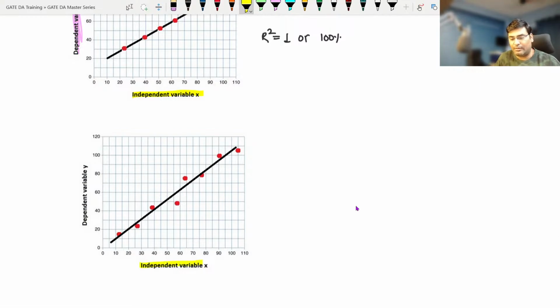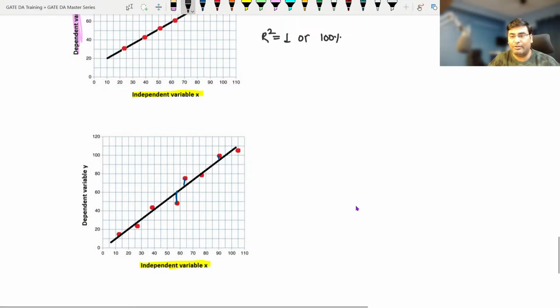Now, moving on to the next example. Here the line is not passing through all of the data points. Some data points are a little on the left or right, for example this one. It has some residuals; if I drop a vertical line, you see some errors here. Only a few data points are on the line.